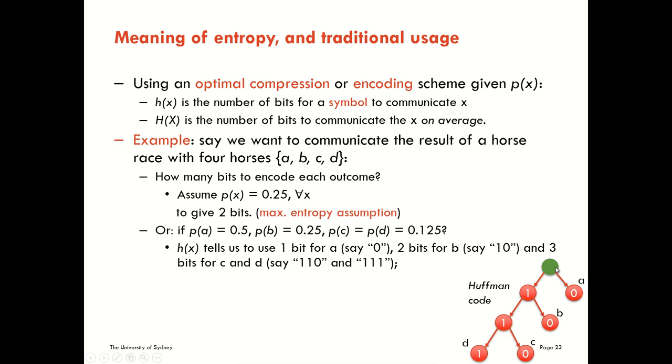So it's an A. If we receive a 1, we come down here. Let's say we receive a 1 next again, and then another 1. And we terminate, and that sequence of 1s informed us that there was a D. What's important about Huffman code is that no symbol has an encoding which is the prefix of another symbol.